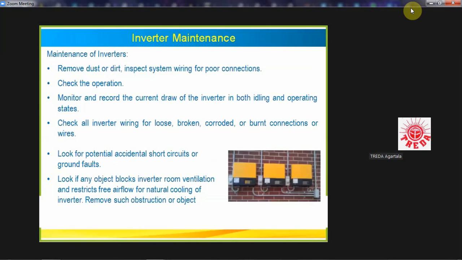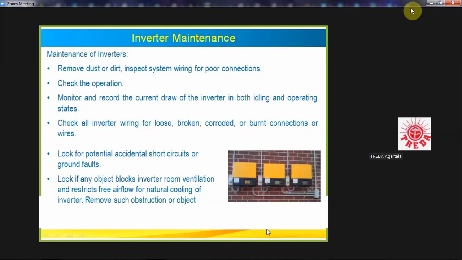Inverter maintenance. Actually, regular inverter maintenance is not required. Whenever there is any fault or problem, you have to attend to the inverter. But physical cleanliness of the inverter should be maintained. That's why it is written: remove dust or dirt. Inspect system wiring for connections, and check the operation, whether it is performing perfectly or giving 100% efficiency or not.